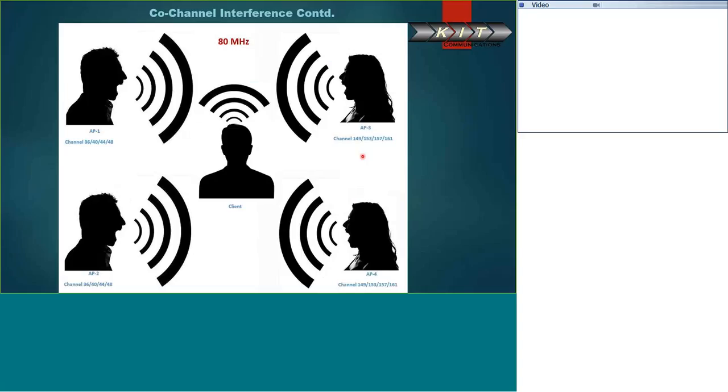And over here we have 149, 153, 157, and 161 bonded together, and we have 2 of those individuals. So the client is here trying to listen to all these signals, and to make matters worse, out of 4 APs, 2 of the signals on each side sound exactly the same, making it much tougher for our client to figure out which one's destined for it.